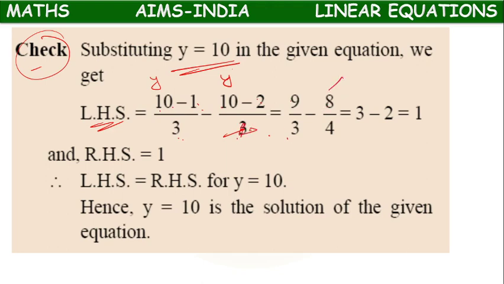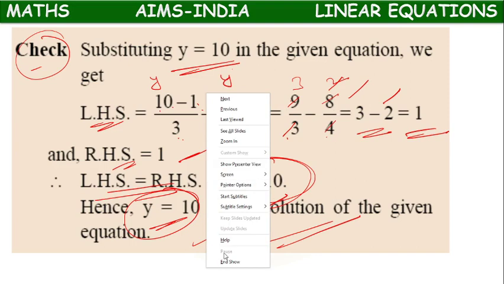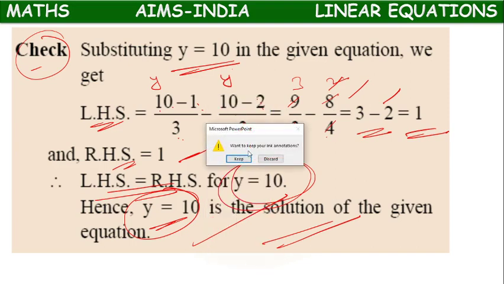Sorry, it is 4 actually, not 3. 10 minus 2 by 4 means 8 by 4. 3 times 9, 4 twos are 8. 3 minus 2 is 1. RHS also 1. So LHS equals RHS for y equals 10. So y equals 10 is the solution of the given equation.